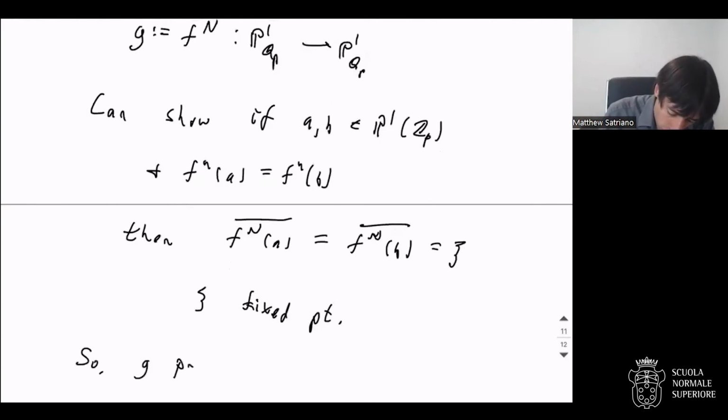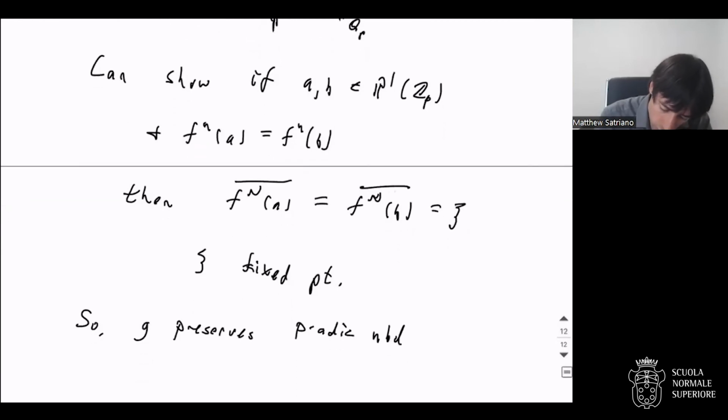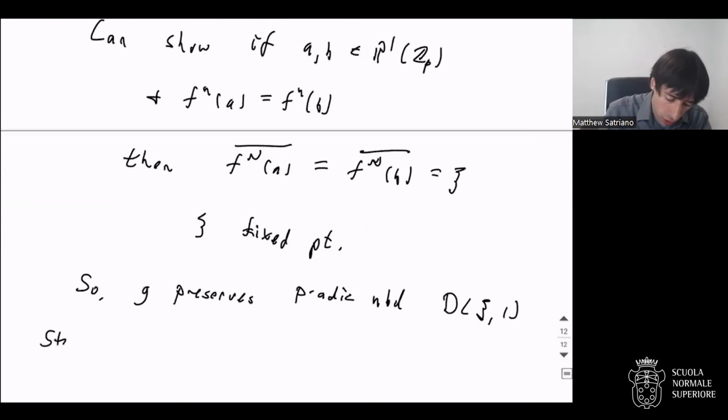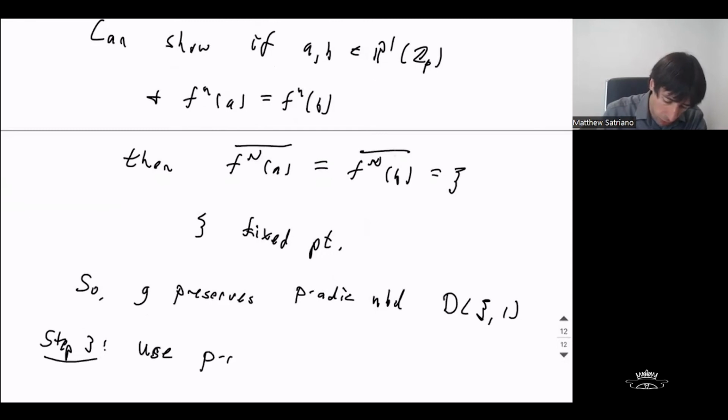So G preserves the p-adic neighborhood up to a change of coordinates, the disc D(c, 1). So it preserves this ball. And then step 3 is you just have to prove a statement about p-adic neighborhoods. And so you use p-adic uniformization.